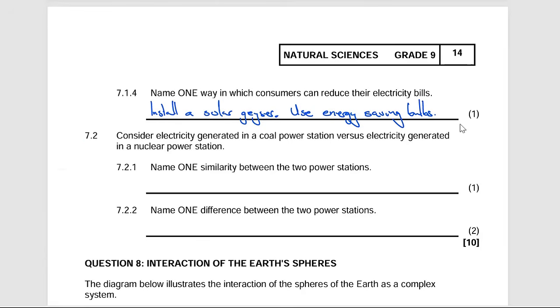So then we proceed to 7.2. It says consider the electricity generated in a coal power station versus the electricity generated in a nuclear power station, right? Name one similarity between the two power stations. So these are the two that we're comparing there. Coal power station versus a nuclear power station.